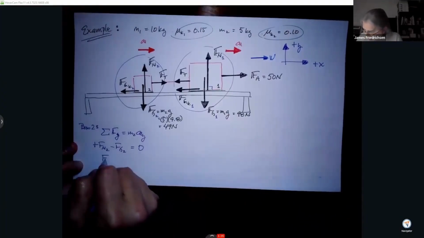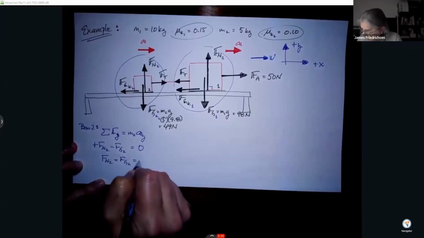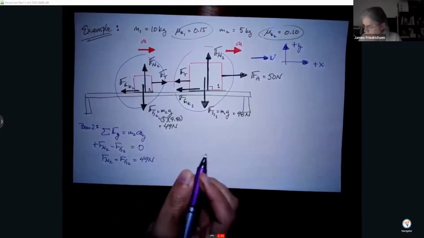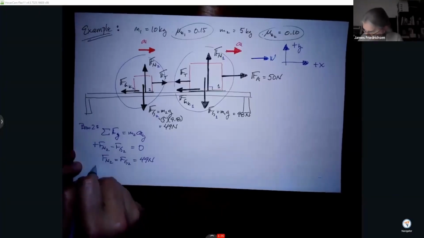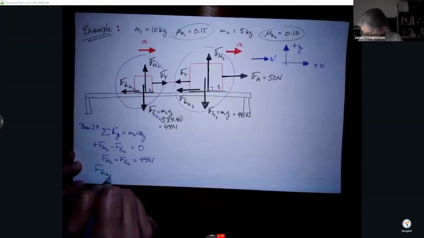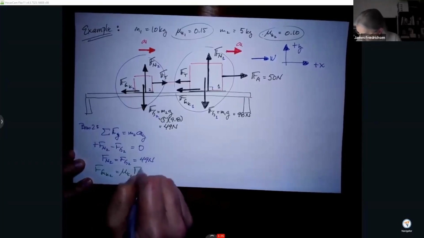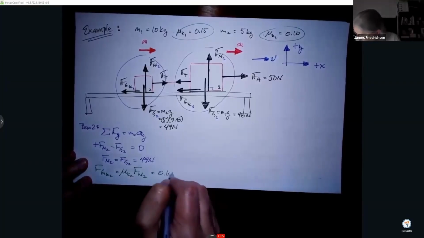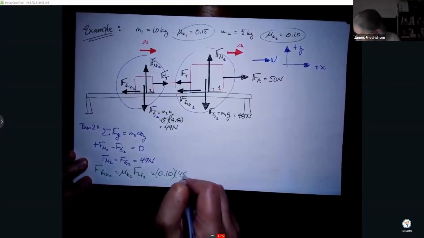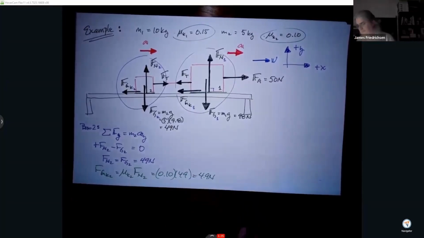So we get that the magnitude of the normal is equal to the magnitude of the gravity, which is equal to our 49 newtons. This will allow me to solve for the friction. Friction kinetic 2 is going to be mu kinetic 2 times the magnitude of the normal force for 2. So that's 0.10 times 49 gives us 4.9 newtons.